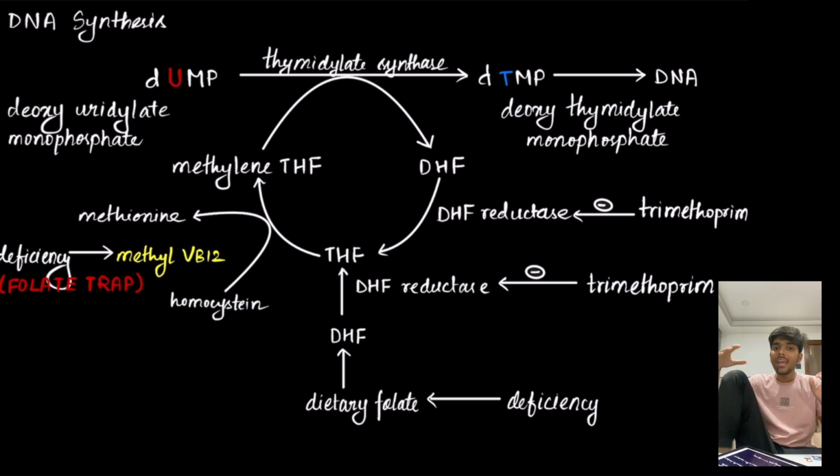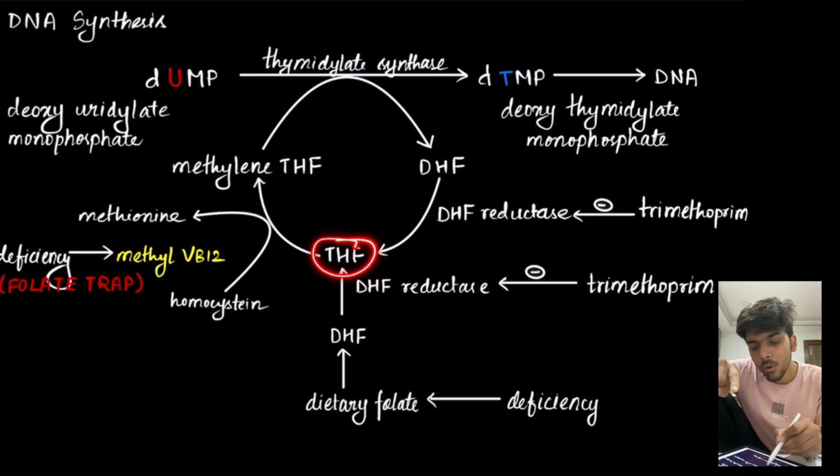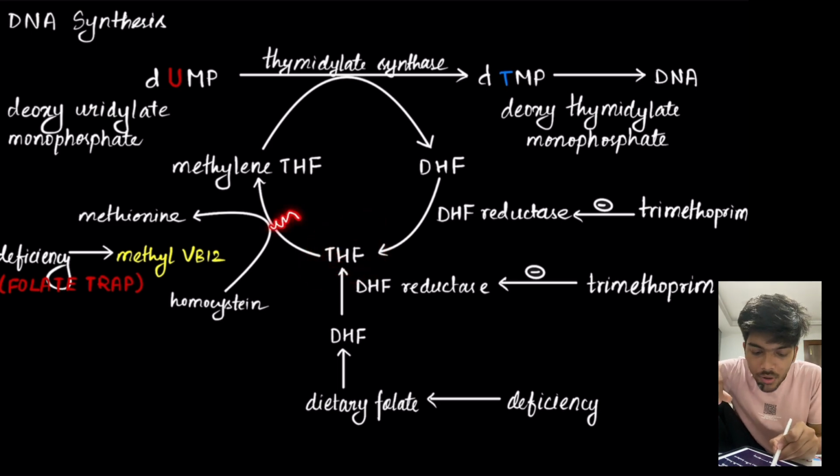Let's say you take less vitamin B12. As a result, there is less vitamin B12 in your body. Or maybe you take enough vitamin B12, but the absorption of vitamin B12 is impaired due to lack of intrinsic factor. Basically, there is no vitamin B12 in your body. Then what happens? THF will not get converted to methylene THF. As a result, this THF will get trapped at this process right here.